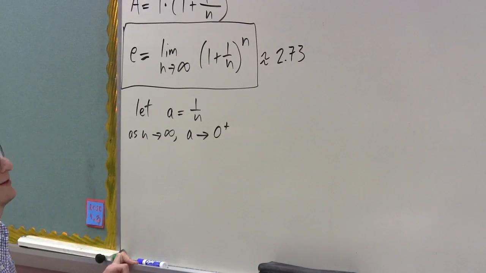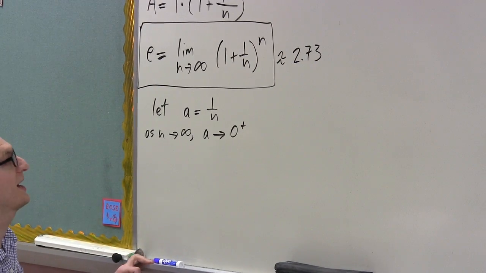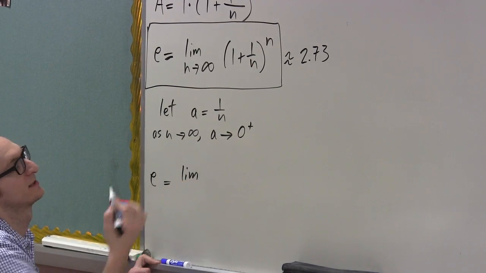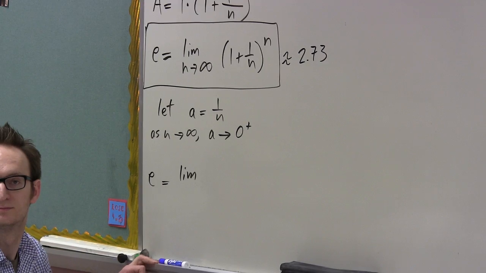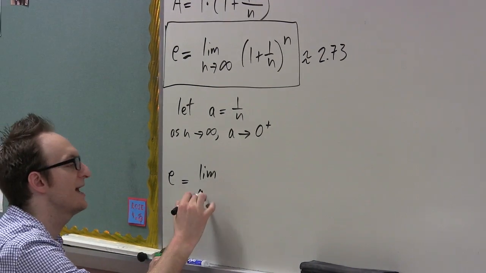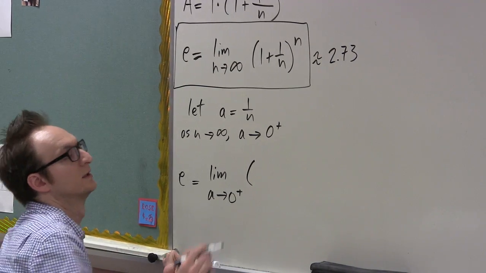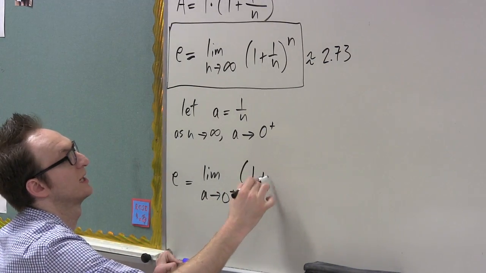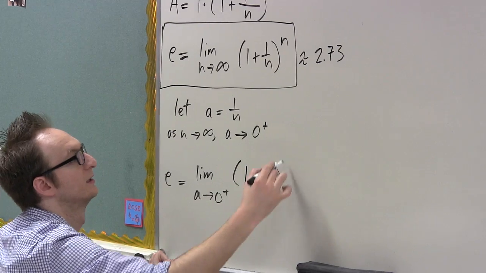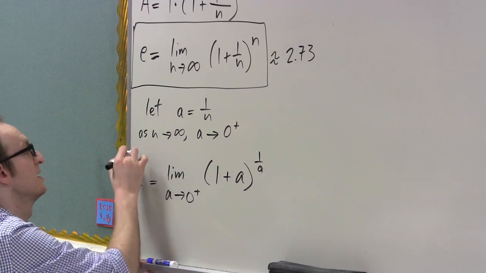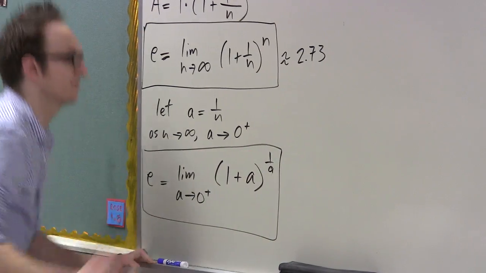So I might alternatively define e as the limit as a goes to 0 plus of 1 plus a to the 1 over a. That is also a perfectly legitimate alternative definition of e.